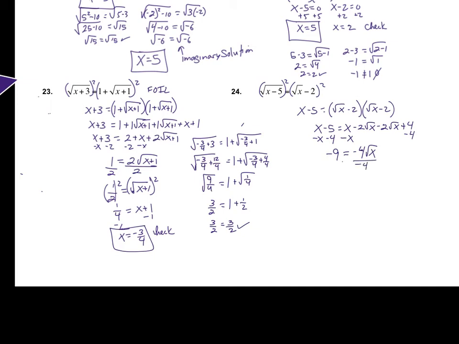Divide both sides by negative 4, and that gives us 9/4. Square both sides, and we get x equals 81 over 16.